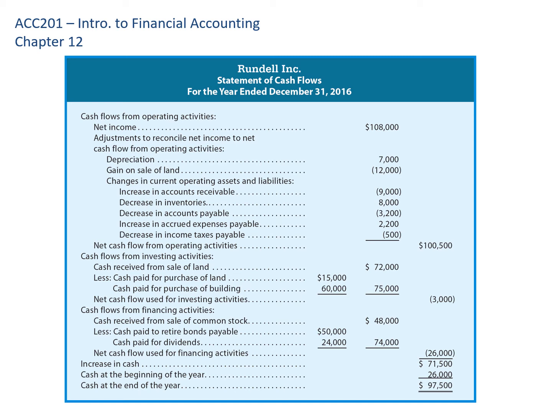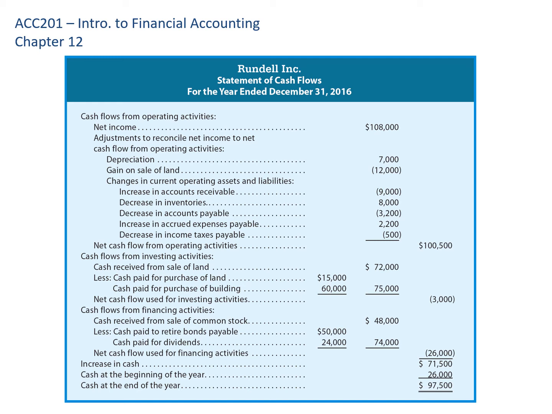And then I've got changes in current operating assets and liabilities, increases and decreases in current assets and current liabilities. Remember to do that little matrix I showed you for how to figure out what's having a positive impact on cash, what has a negative impact on cash. So in this, and this is a carry forward to the previous example, we have cash flows from operating activities of $100,500.